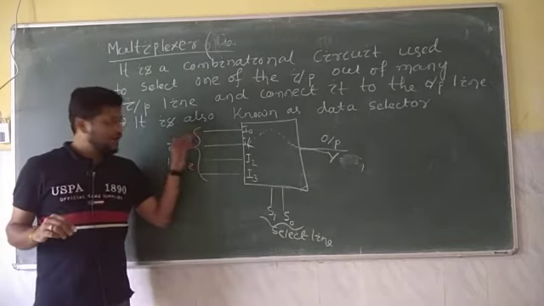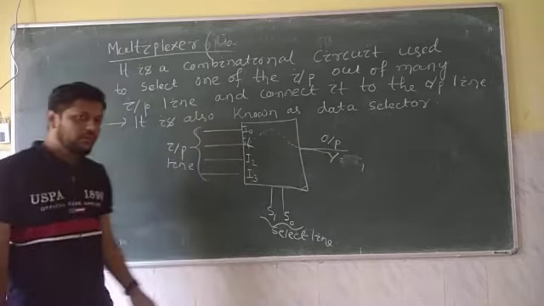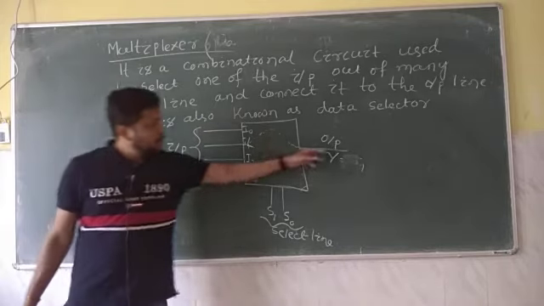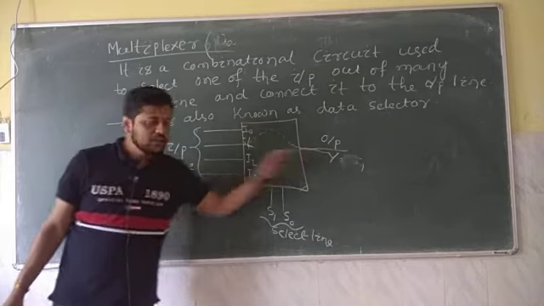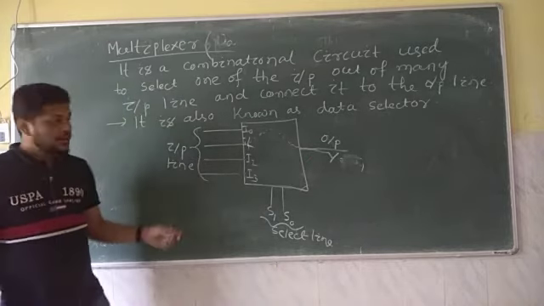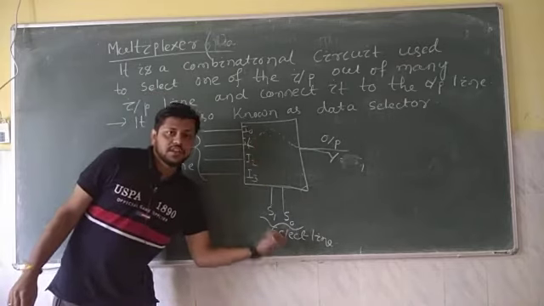Some data you are giving to the input lines, and you want that input to be connected to the output. So the output is a single line. Always remember, in case of a multiplexer, output is a single line. We have many input lines, and for the purpose of rotating this switch we have selection lines.